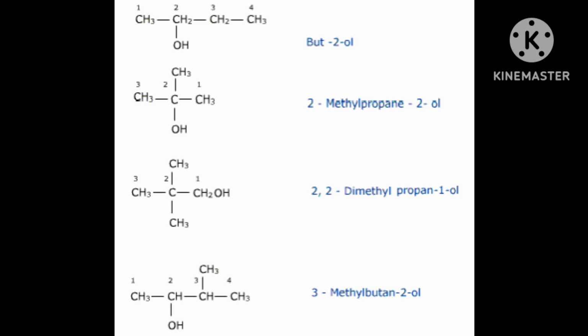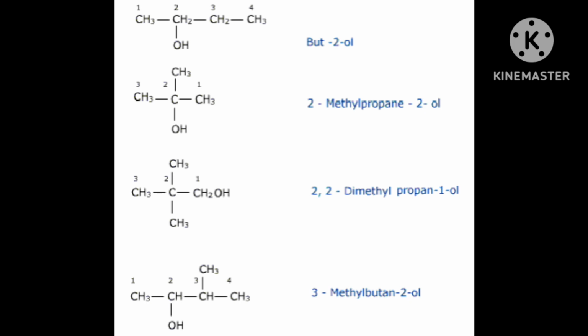First and fourth carbons are CH3, first and last CH3, and carbon number 3 is a methyl group attached, and carbon number 2 has an open valence.